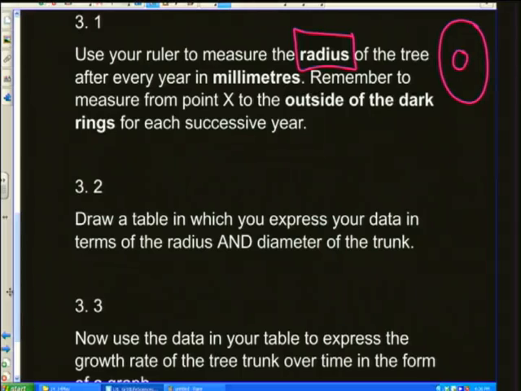Let's think: radius of the circle. Think about it first. After every year in millimeters. Remember to measure from point X to the outside of the dark rings for each successive year. So if this was, now let's go back here.